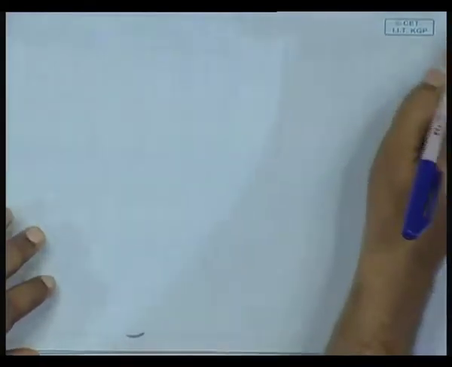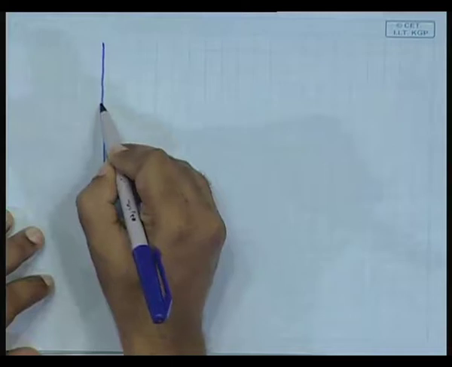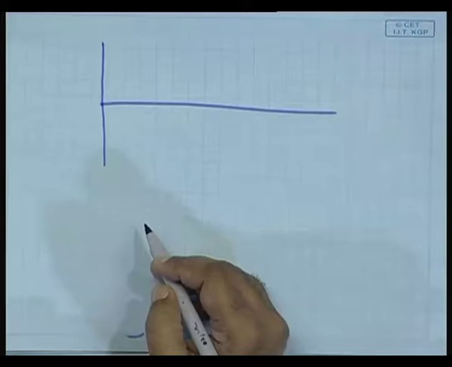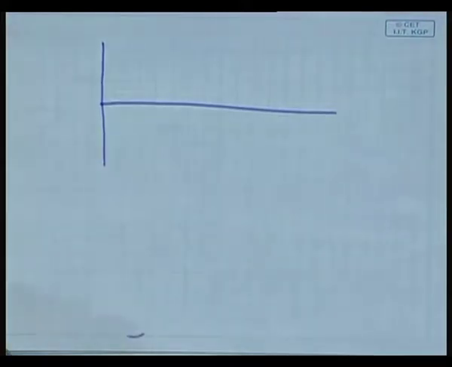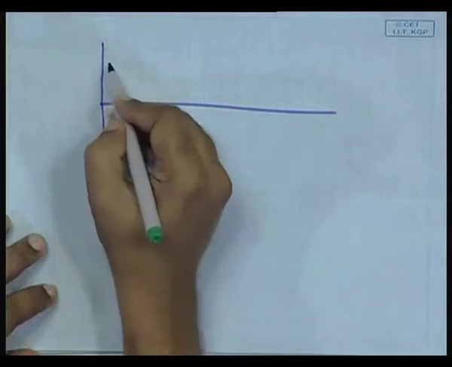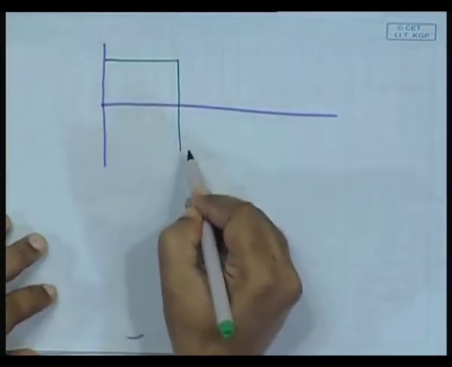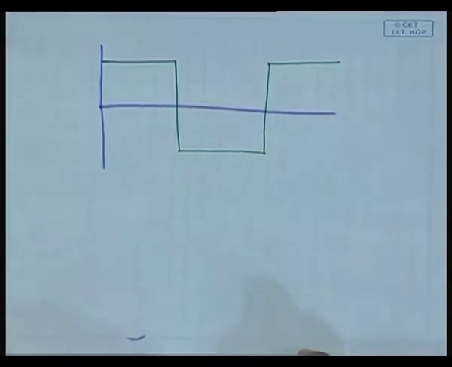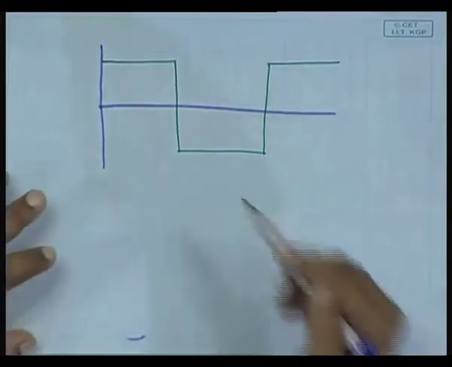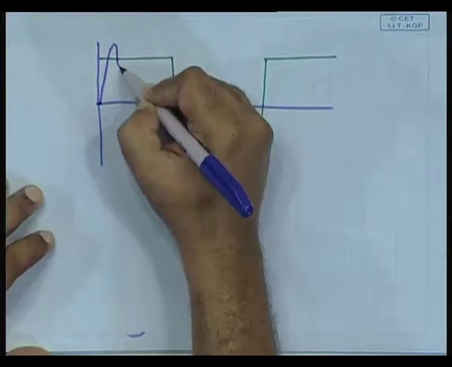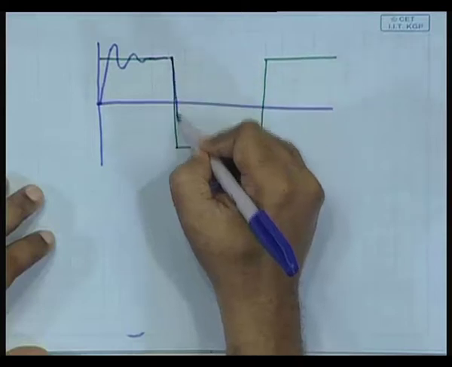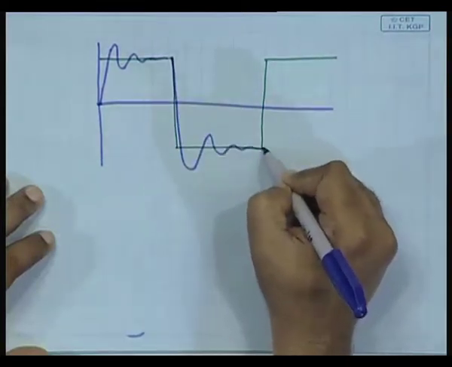In time domain, what will the behavior be like? How will it look? Suppose I am drawing the waveform for Vc, then it will try to reach Vc, comes very close and then it jumps, then it jumps.